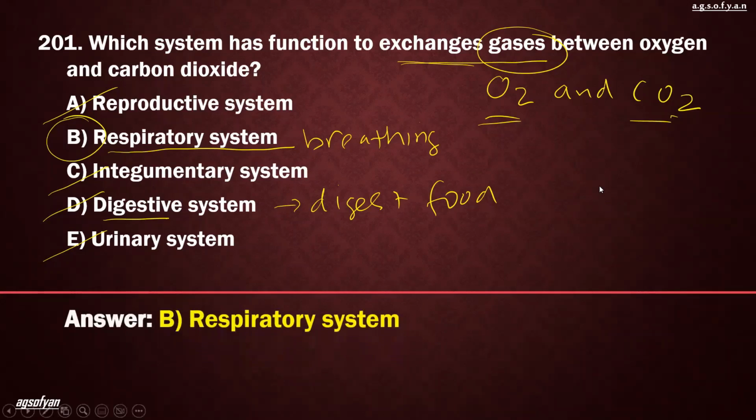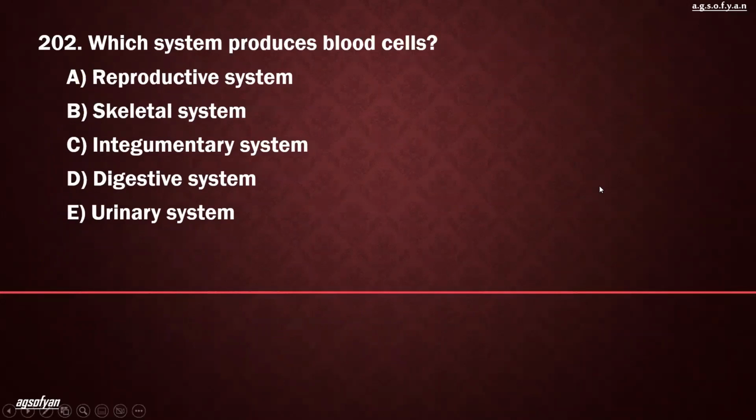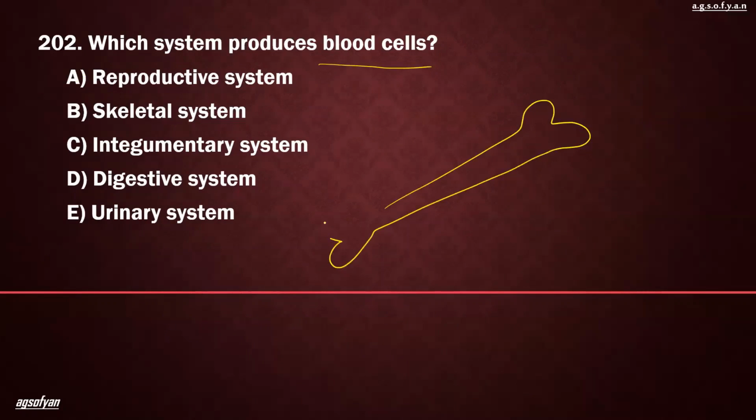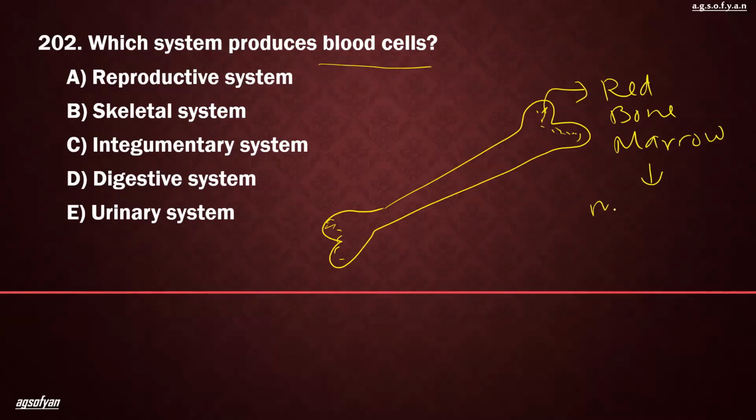Next, which system produces blood cells? I mentioned this. On the top of these organs, they have space called the red bone marrow, which is the place for making blood cells.